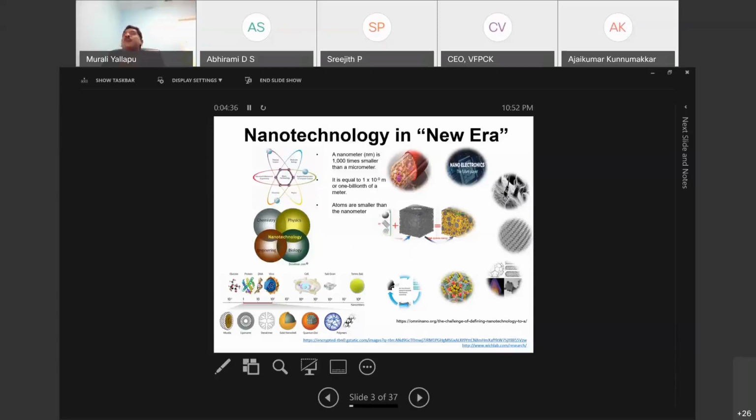So nanotechnology is involved in various disciplines, not only in research, but also in application-oriented areas in chemistry, physics, engineering, and biology. You name it, all the places you can apply. Even in civil engineering, you can apply.